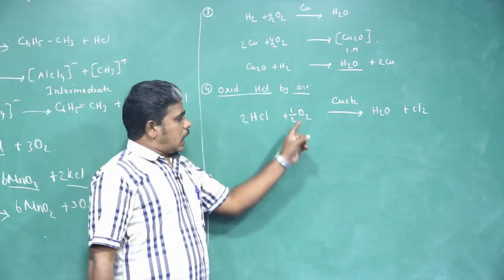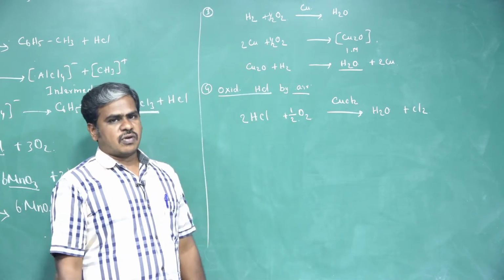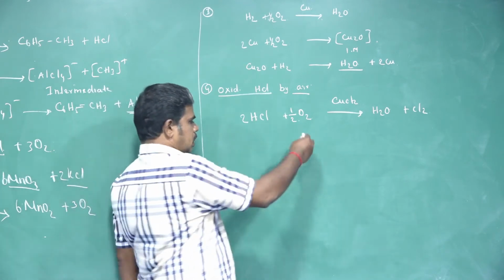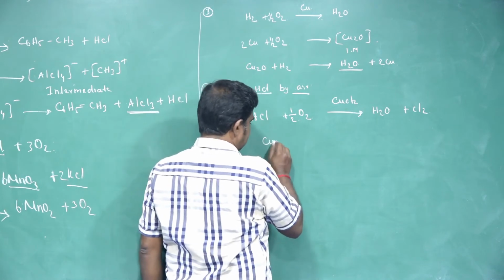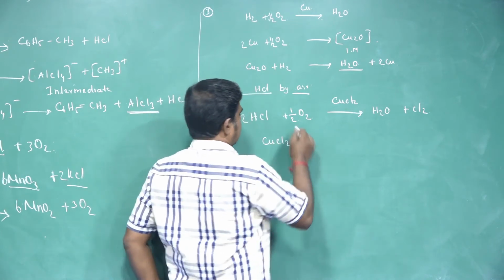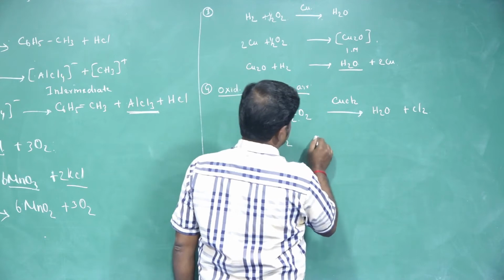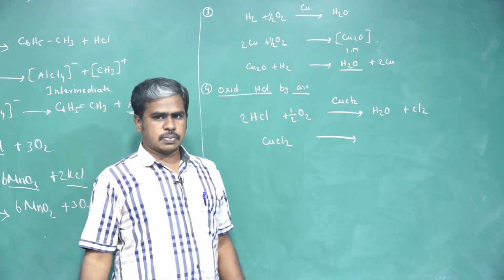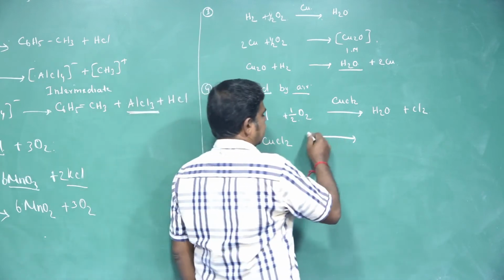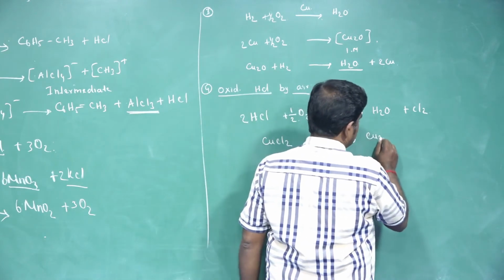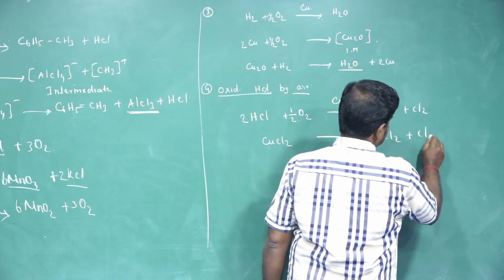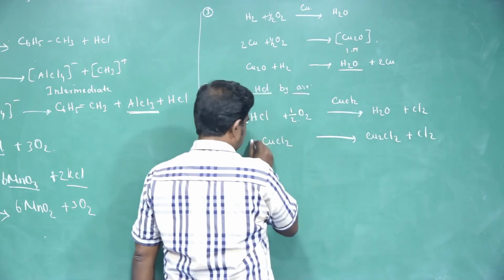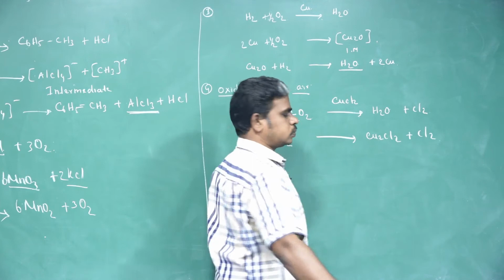Now, according to intermediate compound formation theory, what will happen? Here, this CuCl2 reacts and CuCl2 is converted into Cu2Cl2 and chlorine. One of the products is formed. So 2CuCl2.